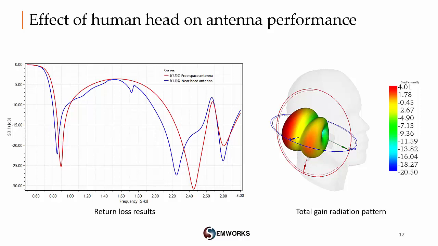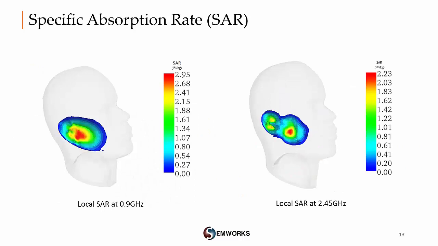So we move now to the second important results, which are the specific absorption rate distributions, which define the rate of the absorbed energy by a human body and which should be within restricted limits, as we already mentioned before. HFWorks allows us to plot the local SAR distribution over the whole body mass density.